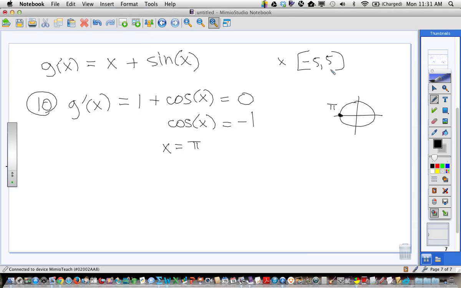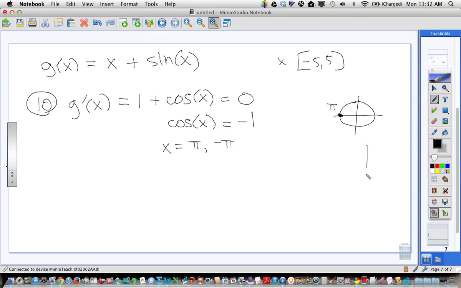But now wait a minute, we got to go from -5 to 5. So couldn't it be -pi, which means you go back this way? Because that'd be -3.14, so that'd be in that interval. What else? If you went around again, that'd be 2 pi, that'd be 3 pi. That's like 9 something, right? So now we're out of the interval. So I think it's those two right there.